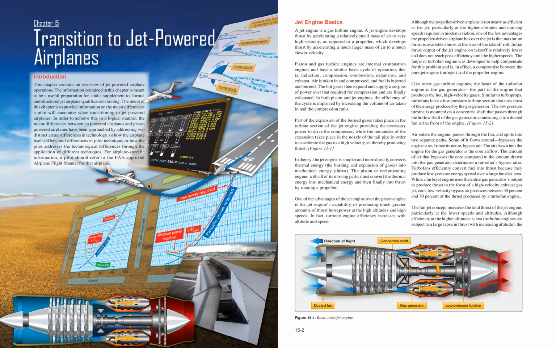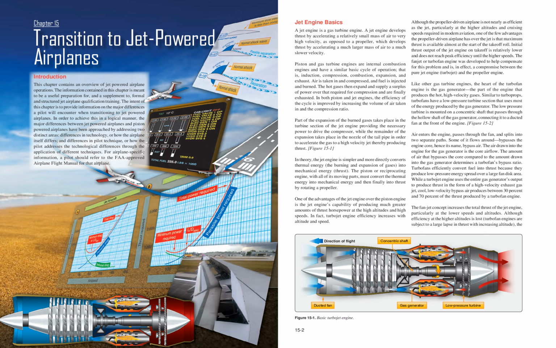The amount of air that bypasses the core compared to the amount drawn into the gas generator determines a turbofan's bypass ratio. Turbofans efficiently convert fuel into thrust because they produce low-pressure energy spread over a large fan disk area. While a turbojet engine uses the entire gas generator's output to produce thrust in the form of a high-velocity exhaust gas jet, cool, low-velocity bypass air produces between 30% and 70% of the thrust produced by a turbofan engine.